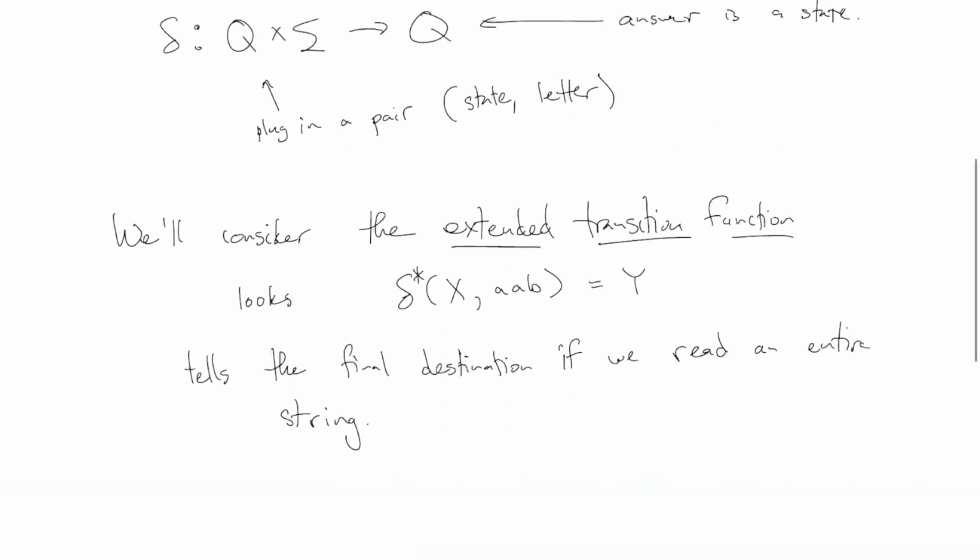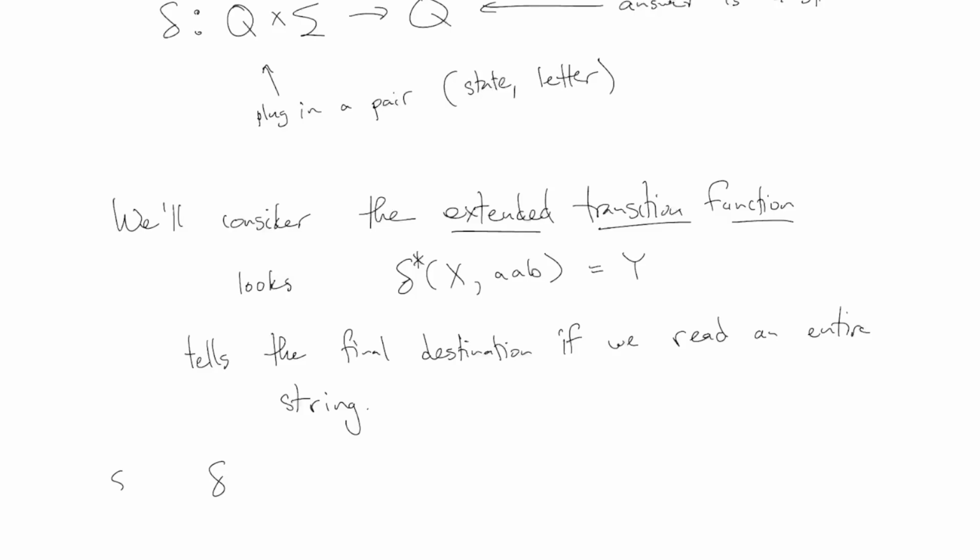If you wanted to write the domain and the codomain, delta star's domain still consists of a pair, where the first thing is a state, so it's Q cross, but the second thing is not just a letter. The second thing is any string made up of letters, and the set of all strings is what we use the star for. I think we talked about this on maybe the first or second day.